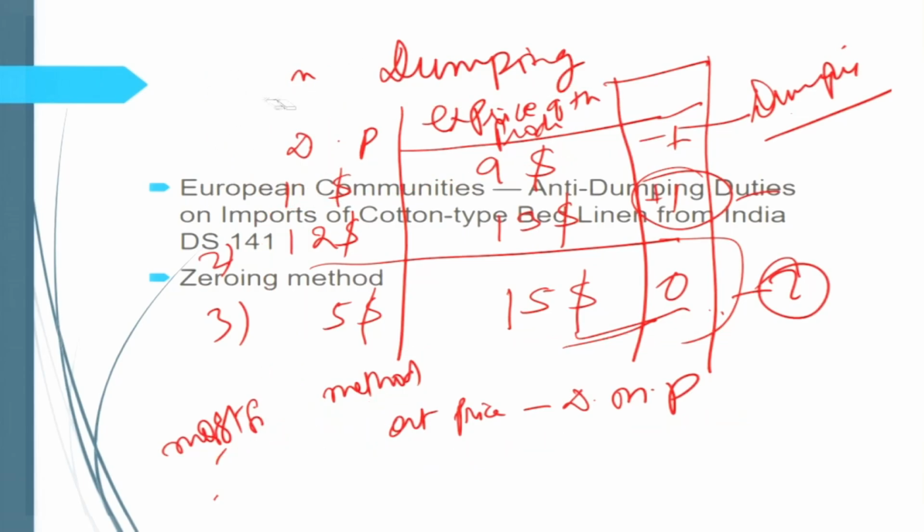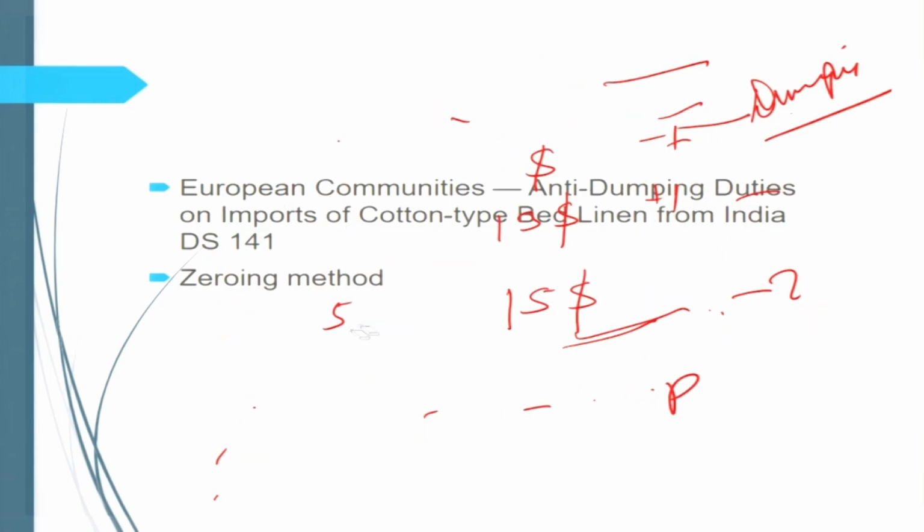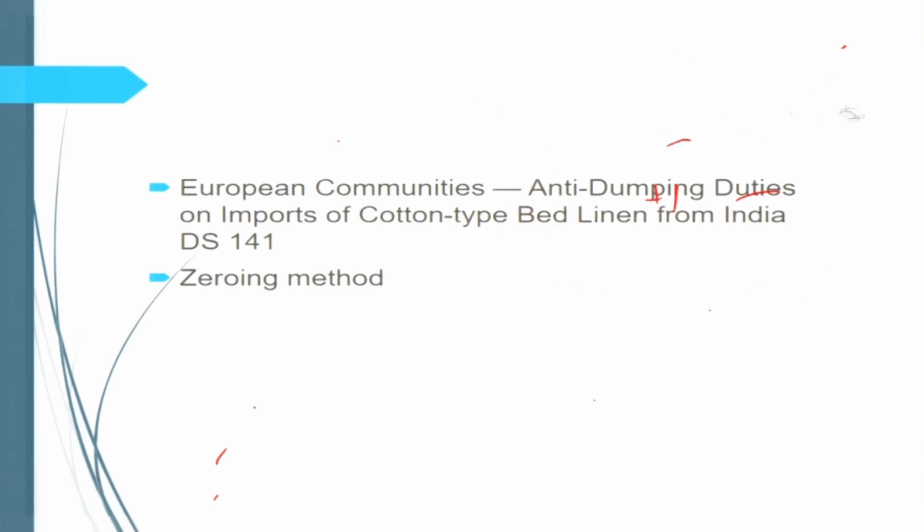Now, the case referred to here concerned the export of cotton bedsheets by India to the European Union. India has been exporting various kinds of cotton bedsheets to the European Union, and sometimes a dumping calculation is done in certain categories, because the cotton bedsheets exported from India can be of different ranges.